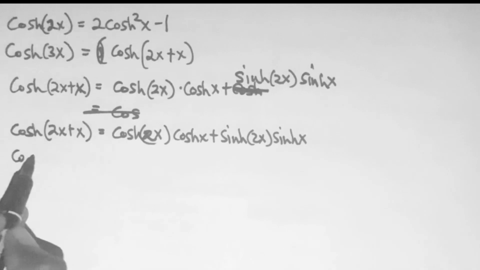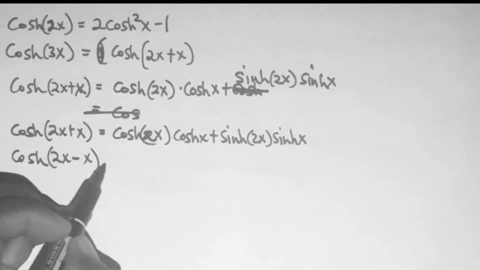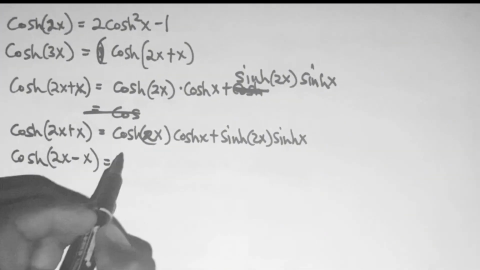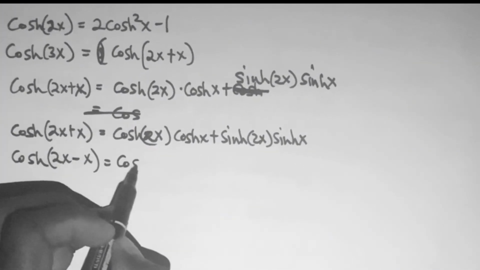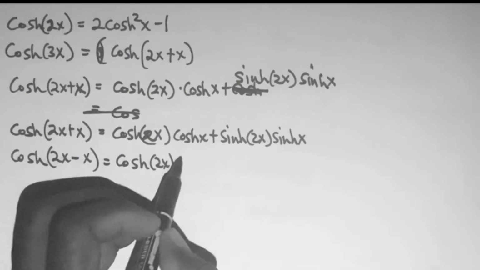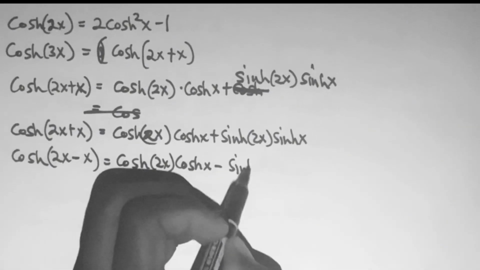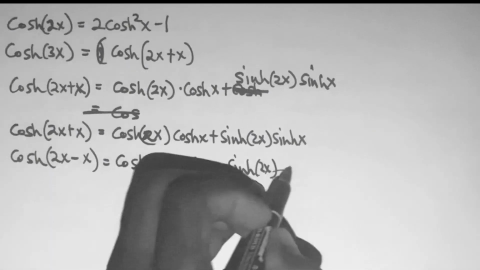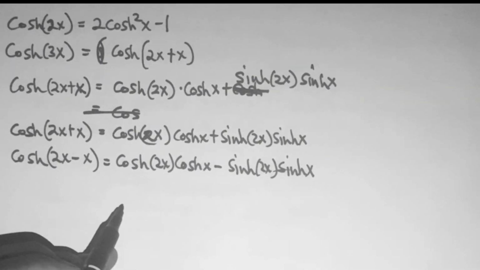Now let's do cos(2x minus x), which in other words is the same as cos x. So this is the same as cos 2x cos x minus hyperbolic sine 2x sine x.